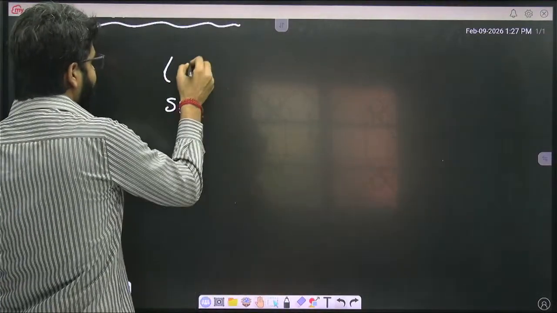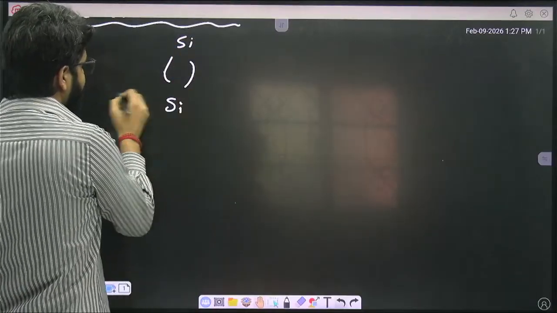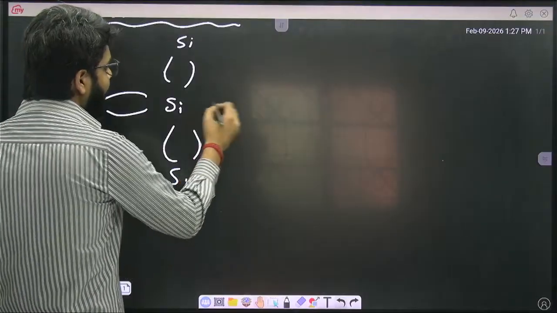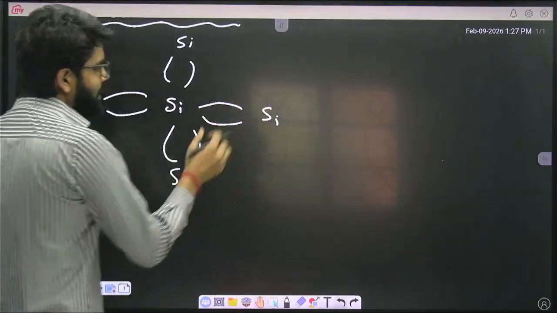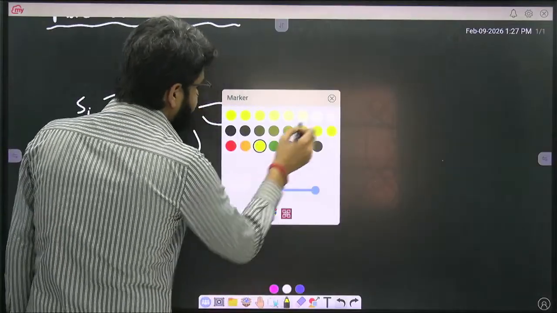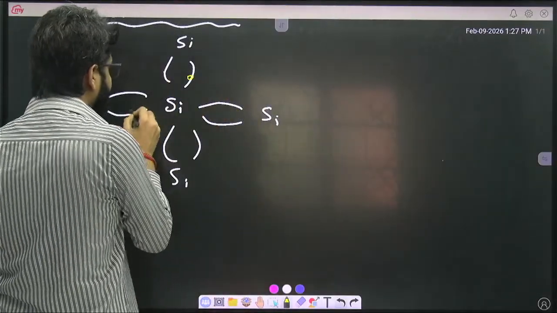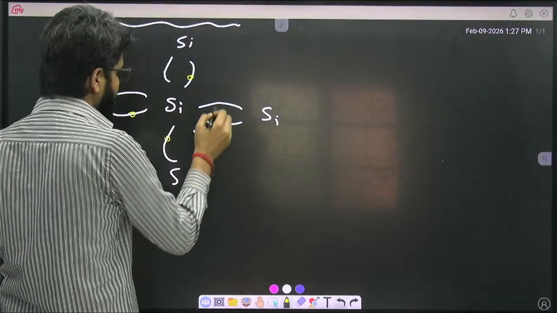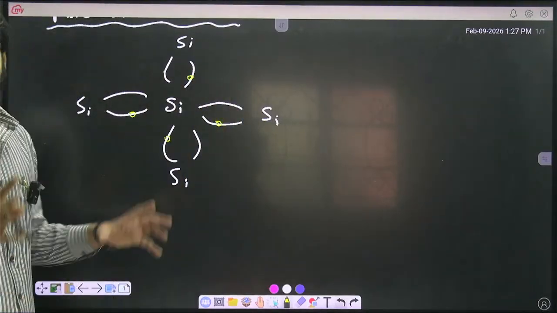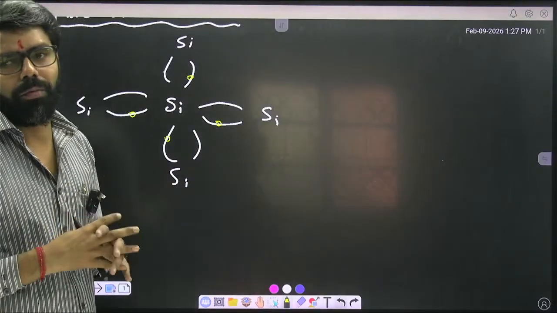When it forms a lattice with the neighboring silicon atoms, it makes covalent bonds with them. This is how the bonding forms, and the lattice is formed.